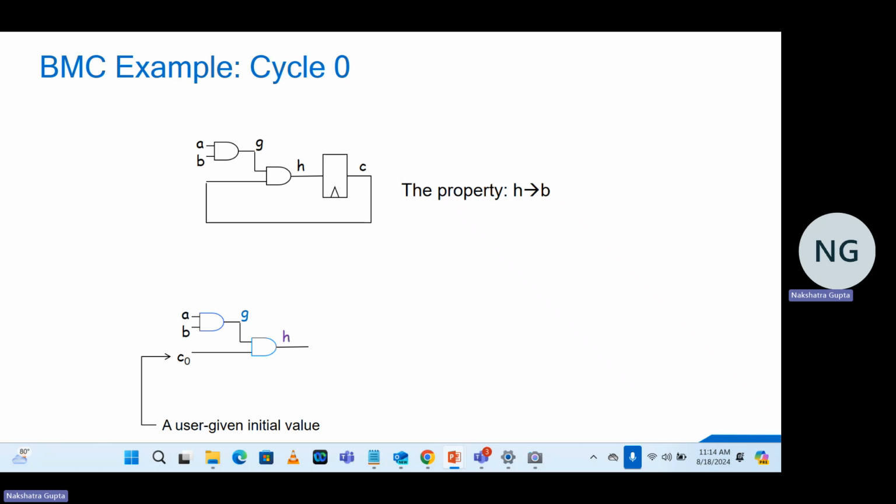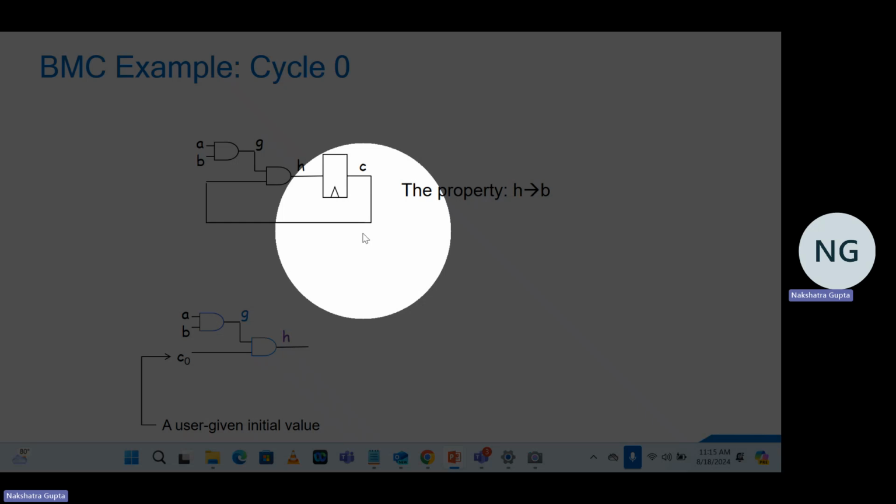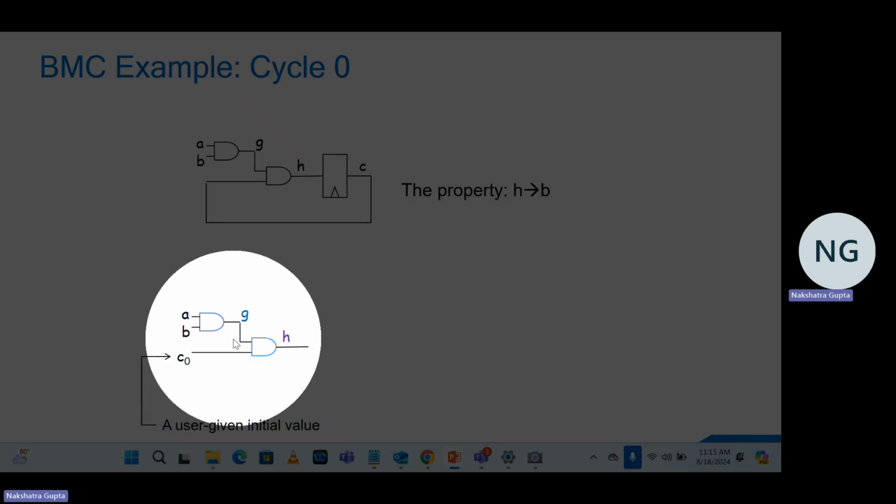In cycle 0, we cut off the output of the latch. We create one copy of the circuit, cut off the output of the latch, and assume there is a user-given initial value on the latch.